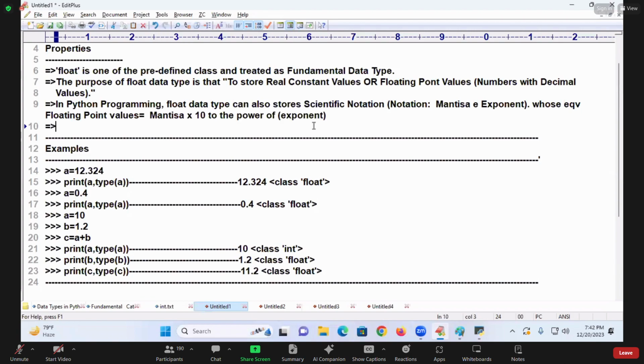Good. What is the advantage of scientific notation, students? It takes less memory space for storing bigger floating point values.